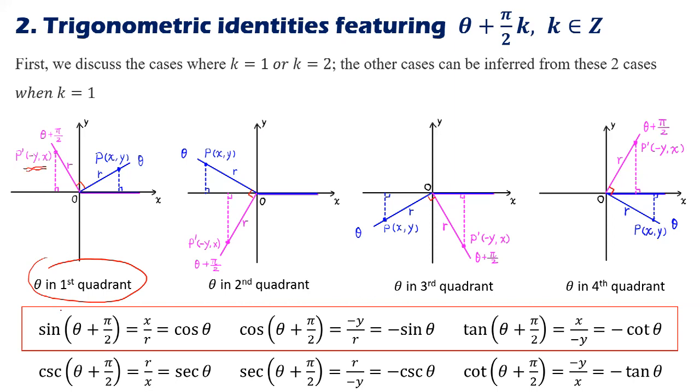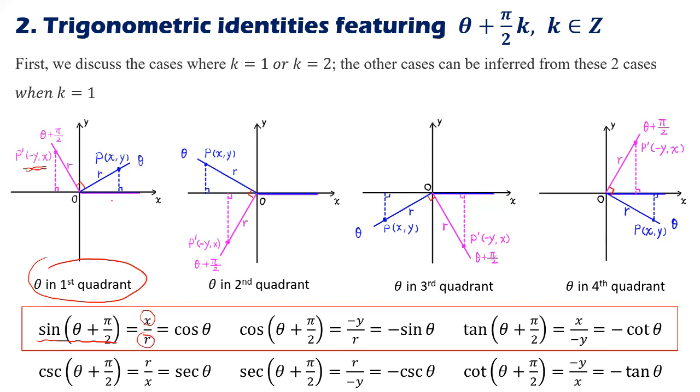And if you want to find the trigonometric ratios of theta plus half pi, we can then use the definition to calculate them, right? For example, if you want to calculate sine theta plus half pi, because we have a point here, according to the definition, sine theta plus half pi is the y coordinate, which is x, over the distance, which is r.